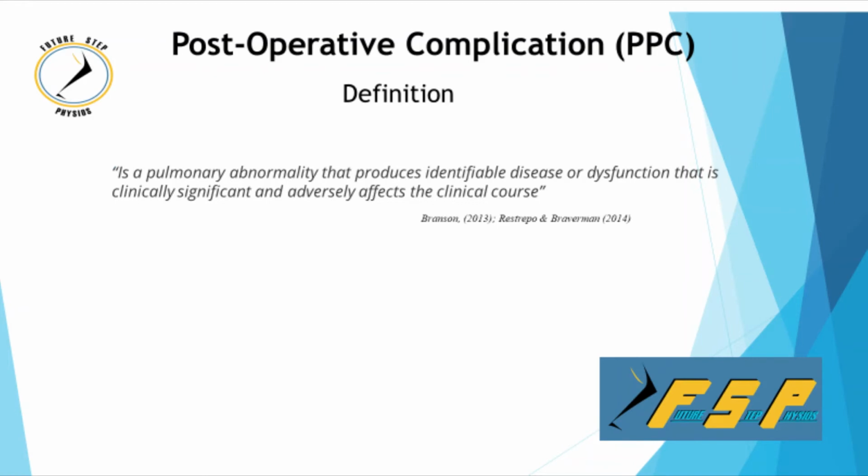A post-operative pulmonary complication, or a PPC, is defined in the literature as a pulmonary abnormality that produces identifiable disease or dysfunction that is clinically significant and adversely affects the clinical course.